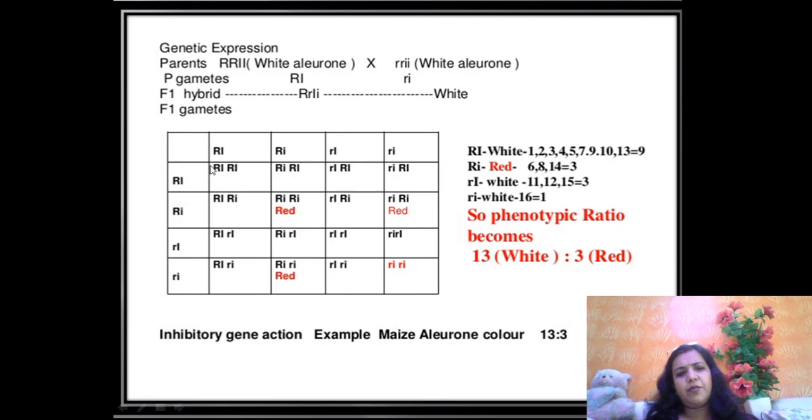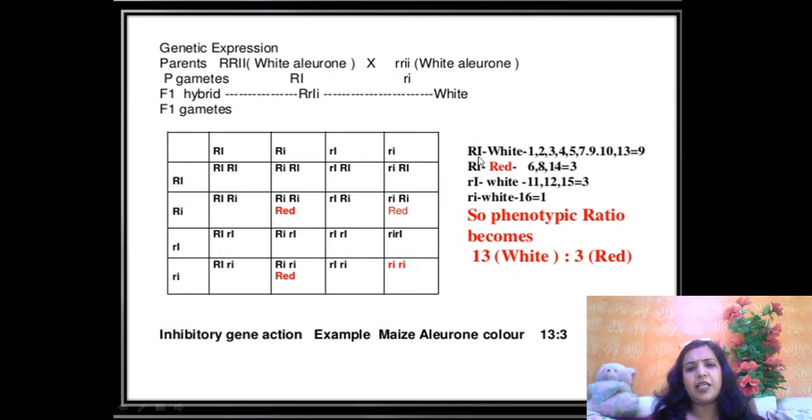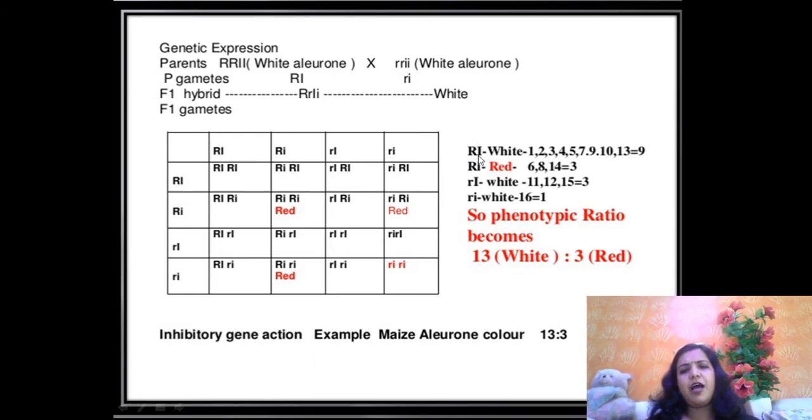These are the boxes: first, second, third, fourth, fifth, seventh, ninth, 10th, 13th. In these boxes, capital R is present with capital I. R is present, but it is along with capital I, and I is an inhibitory gene.